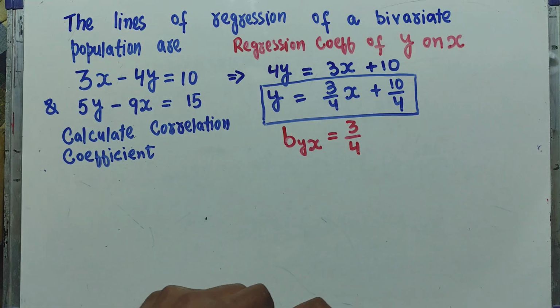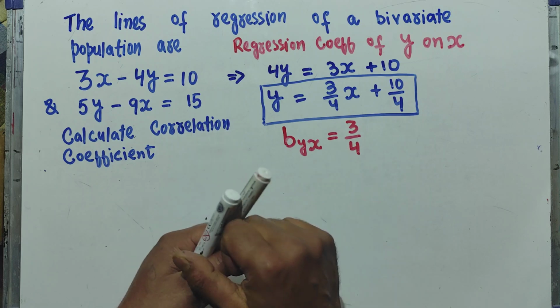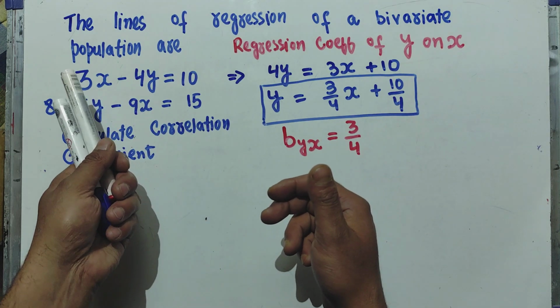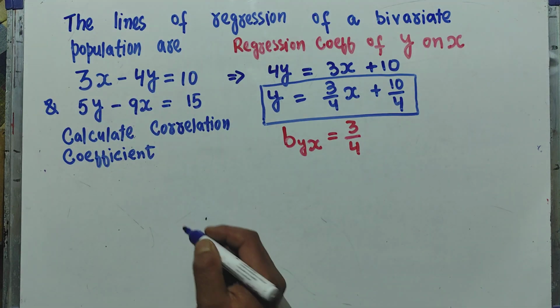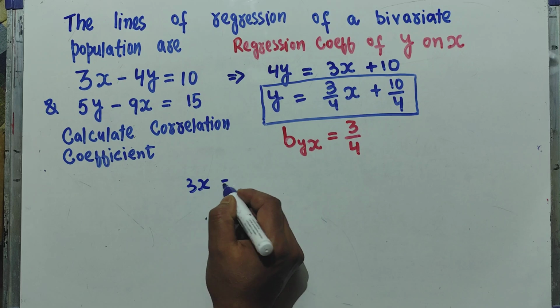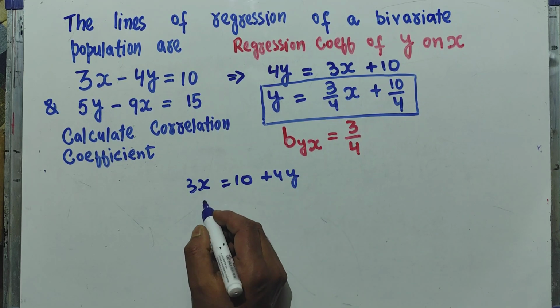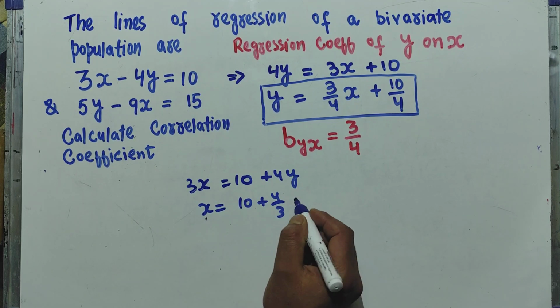Why not otherwise? This regression coefficient should be less than 1. If I were to solve it for x, let us suppose 3x is equal to 10 plus 4y. Dividing both sides by 3, x will be equal to 10 upon 3 plus 4 upon 3 y.